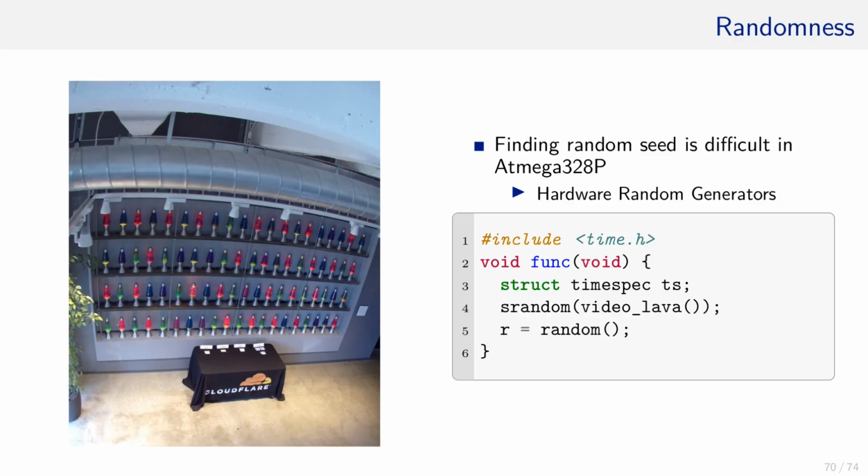Unfortunately, in ATmega, we do not have the capability to analyze a video feed nor a reliable time. After a reset, most likely the uptime is the same every time, leading to a seed which is always the same, and in turn to a sequence of random numbers which are, you guessed it, always the same.